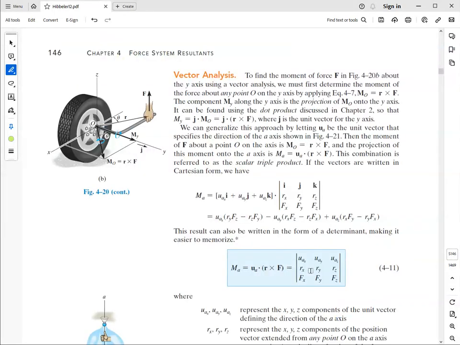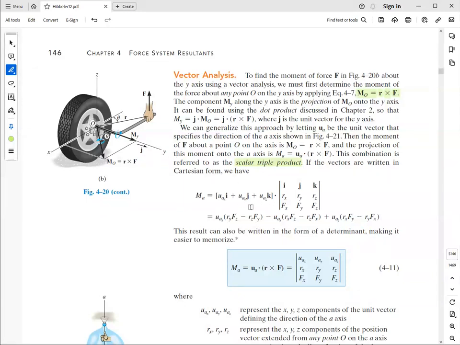Moving forward, this can be stated in a more general form by using the scalar triple product. We evaluate the moment of a force about a point O, and then we project the moment, like I said, over the axis of interest.